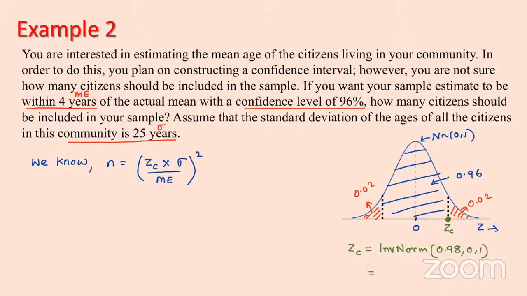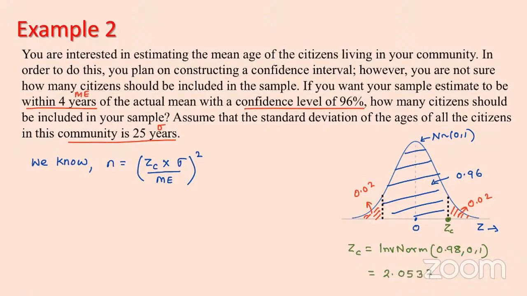Now, quickly use your calculator and tell me what is Z critical. 2.0537. That's correct. That's your Z critical.